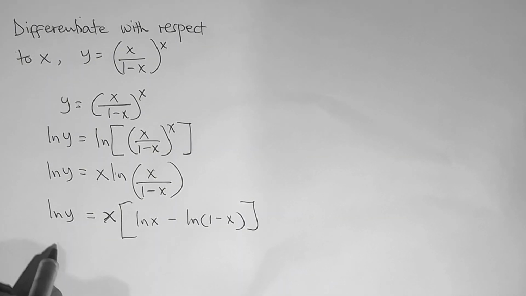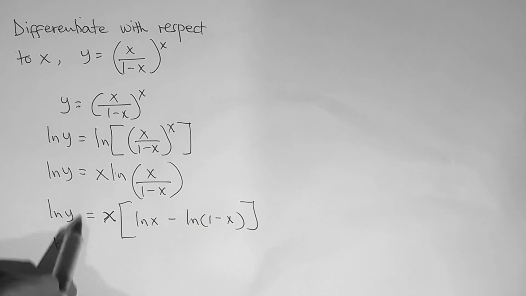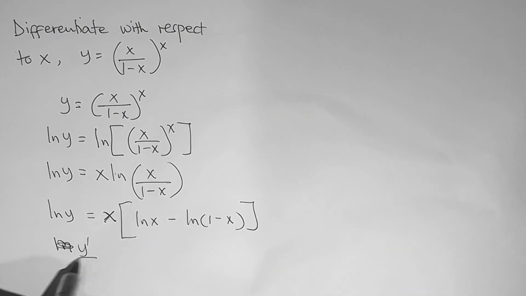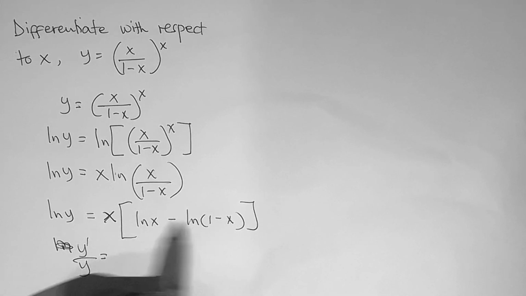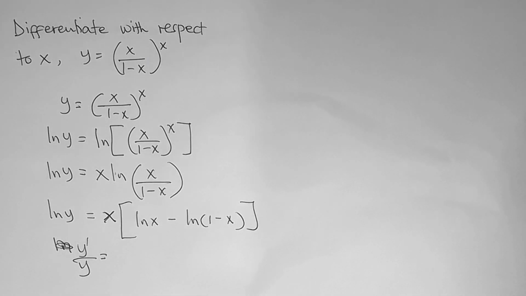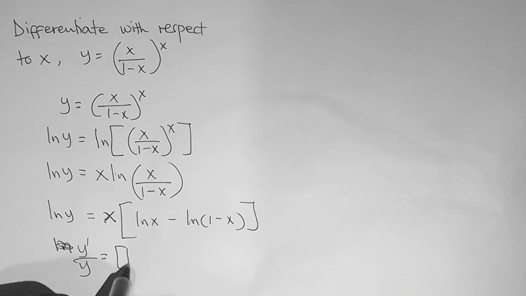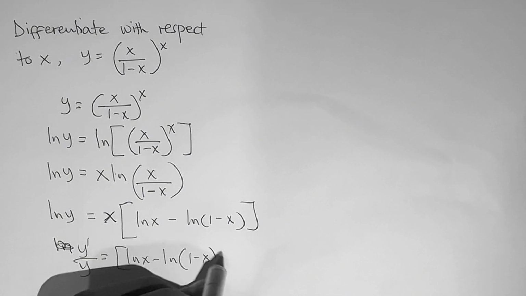So now ln y, let's differentiate now. So if you differentiate ln y, it becomes y prime over y equals, now we need to use the product rule in this case because these are two functions that are multiplying. So you differentiate x, you get 1, times ln x minus ln of 1 minus x.